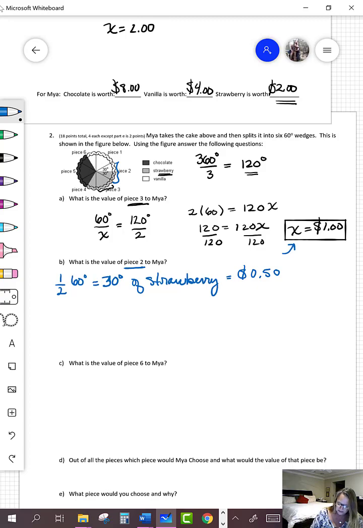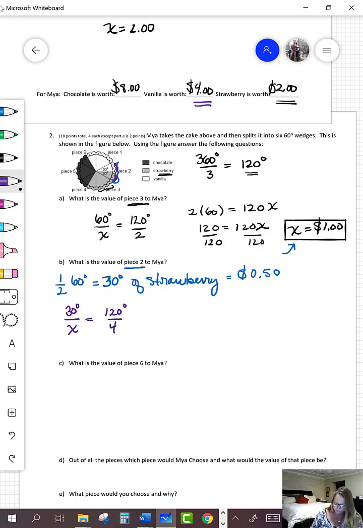Let's just do that with this piece. So the other piece here of piece 2 is 30 degrees of vanilla. And so let's look at that as a proportion. We want to figure out what is the value of the vanilla there. So 30 degrees over X. And we know that 120 degrees of the vanilla in her eyes was worth $4.